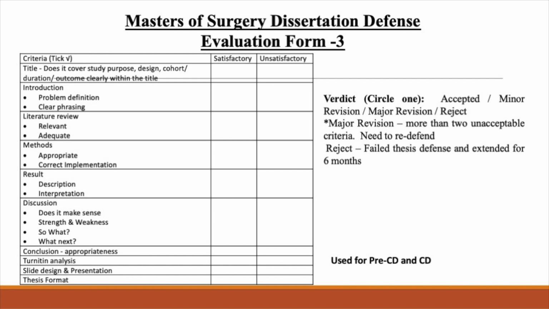And at the redefense, which is normally 2 weeks after the actual defense date, if they end up doing the same, they will be rejected and be asked to extend for 6 months. So it is very important that the candidates do not present or have poorly written theses, because if they do, they will be asked to be extended.